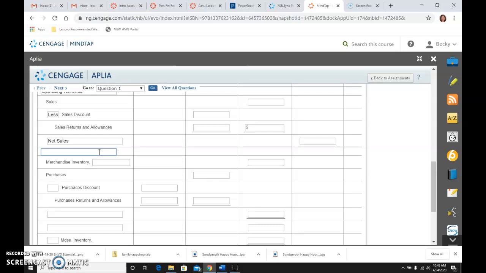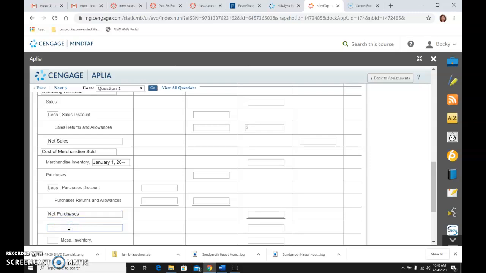So then we're going to do cost of merchandise sold. And it's merchandise inventory, January 1, 20 dash. Purchases less purchase discounts and returns equals net purchases.